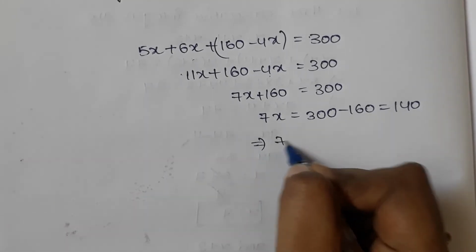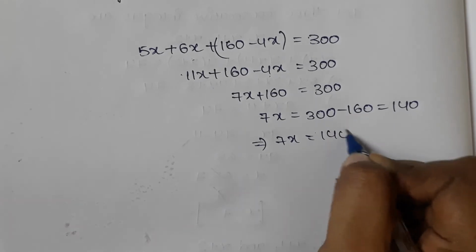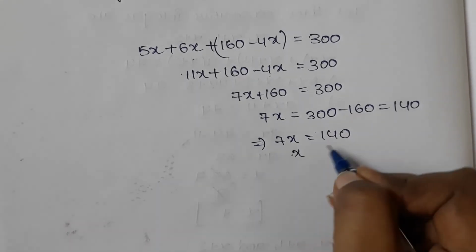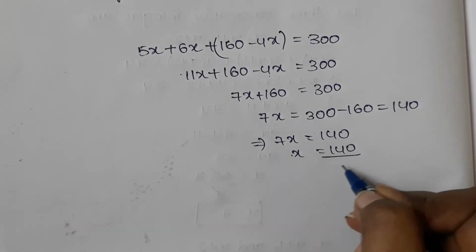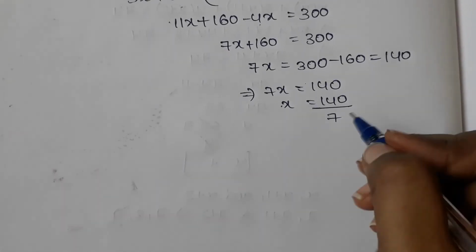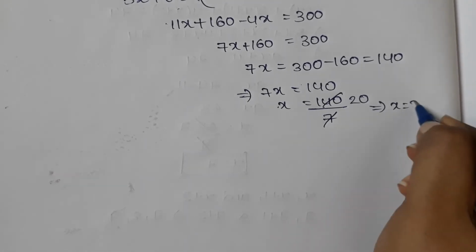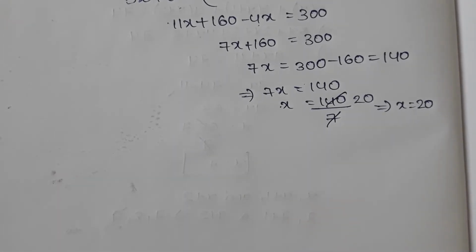Now 7x equals 140 and x equals 140 by 7, that equals 20, and the x value is 20.